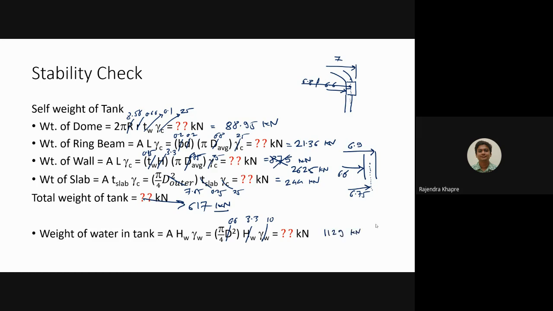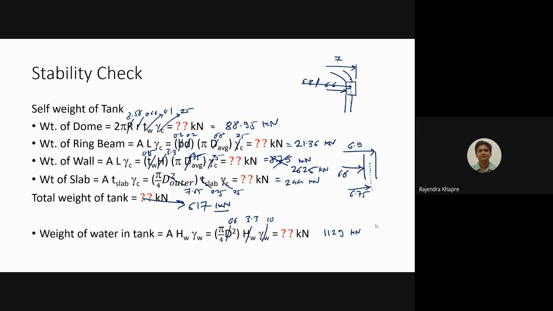It is designed for 100 मीटर क्यूब, है ना. 100 मीटर क्यूब के लिए हमने डिजाइन किया था, but since we are considering the freeboard, that's why its volume is slightly more, because of that its weight is also slightly more.